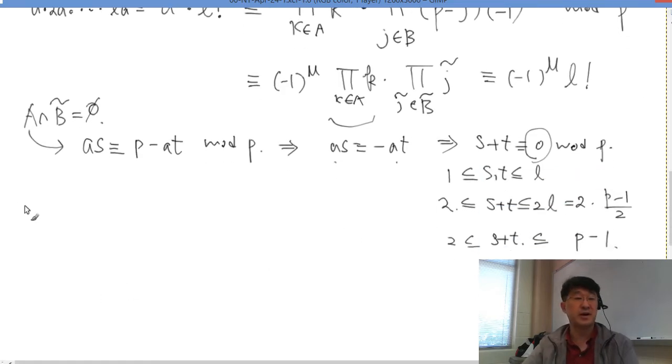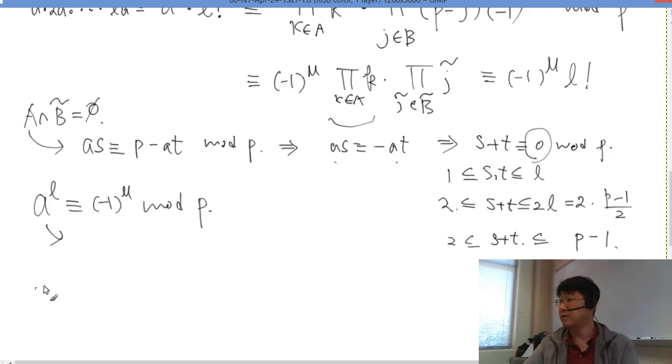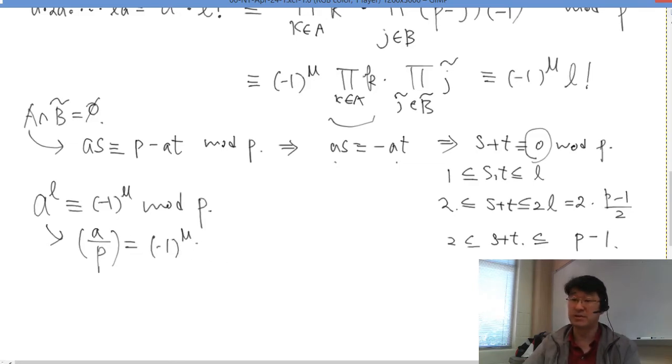So the statement after that is that A to the L is congruent to negative 1 to the mu, mod P. But what is A to the P minus 1 over 2, right? That is Euler's theorem, that is equal to the quadratic residue symbol. Because plus or minus 1 mod P, the two are the same as equality there. And that's Gauss's lemma. All right?